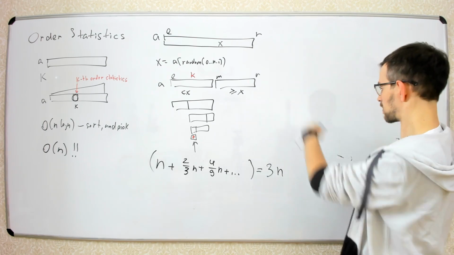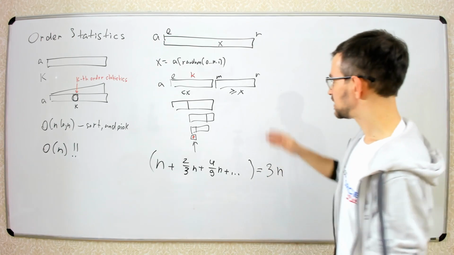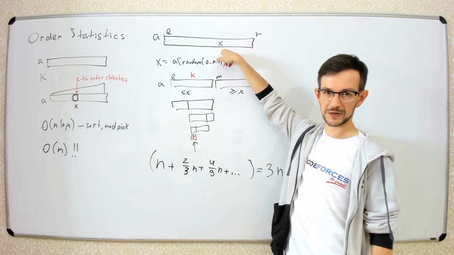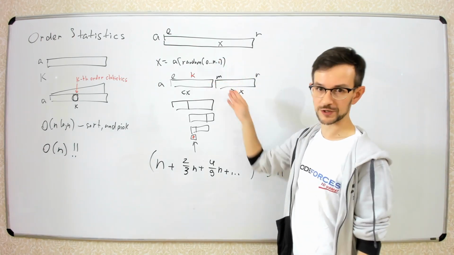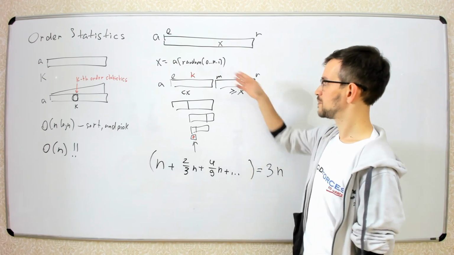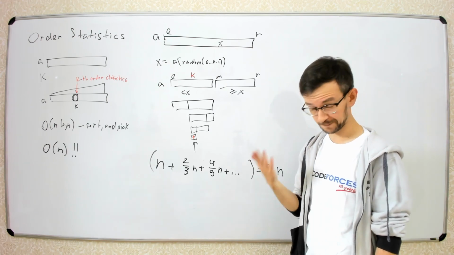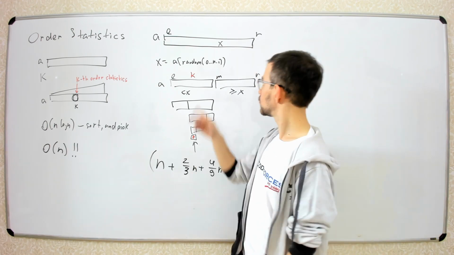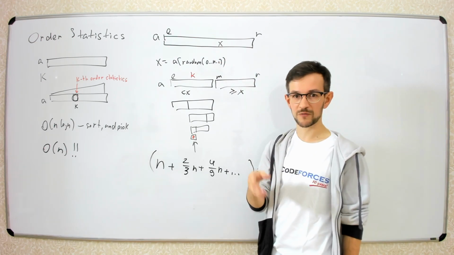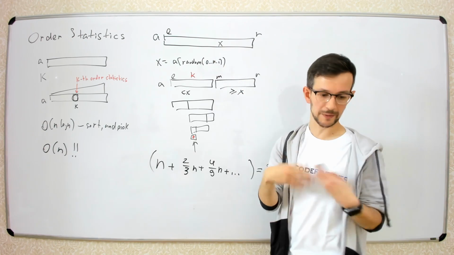Because we want to pick some good element x. So the idea is the algorithm picks some good element x and then splits the array into two parts. And to pick the good element x, we just pick the random element. Random element will be good with some good probability. Let's try to pick the good element with probability 1. Just find the determined way to pick the good element.